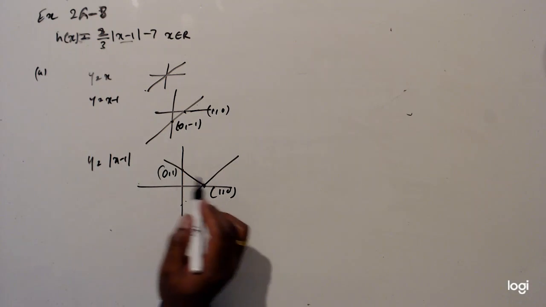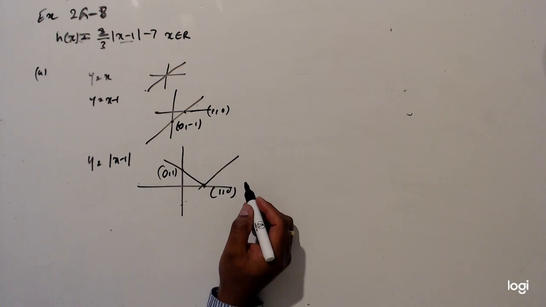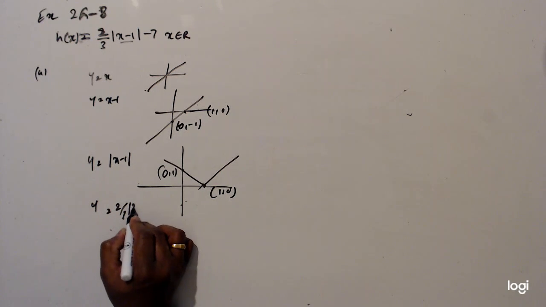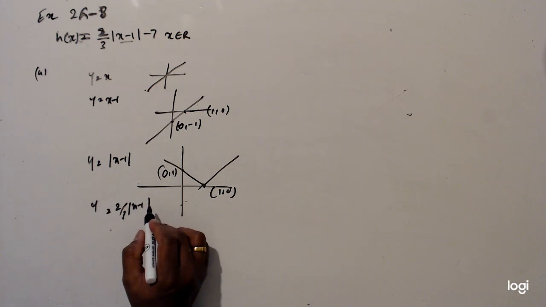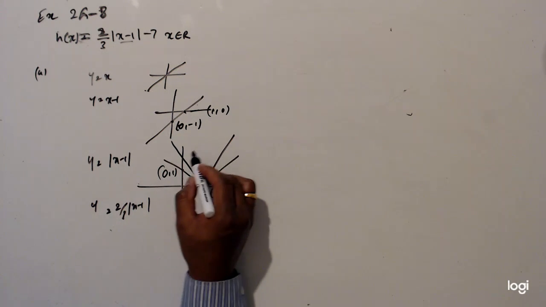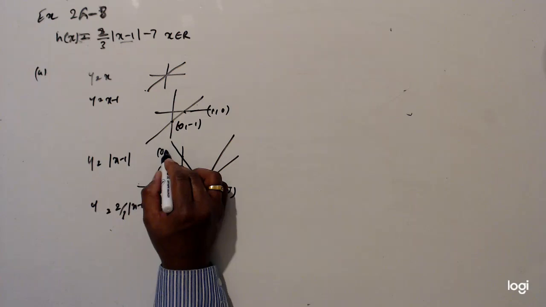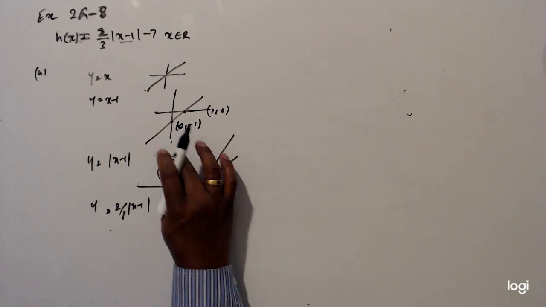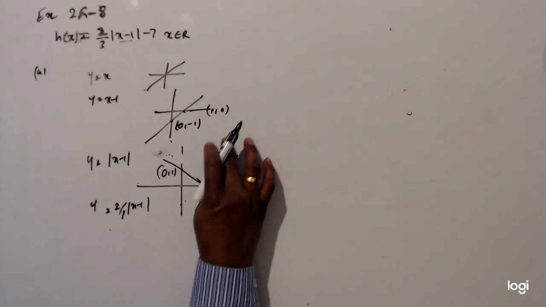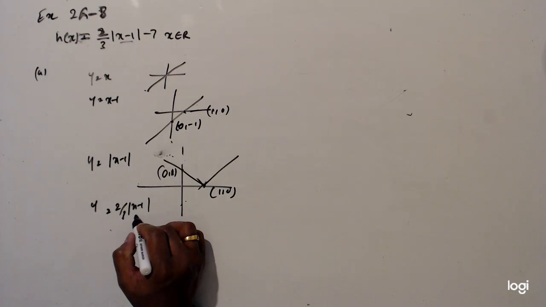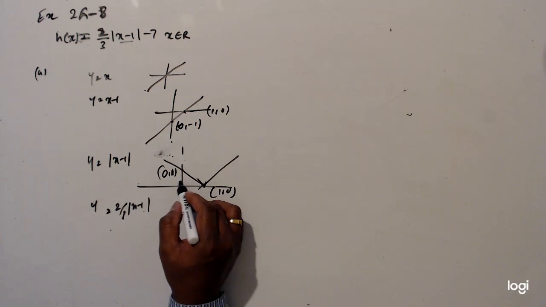So this is mod, then y equal 2 over 3 mod x minus 1. It means all the y values we multiply by 2 over 3. So (0, 2 over 3). Now it has to be something like this, because 2 over 3 is a fraction.